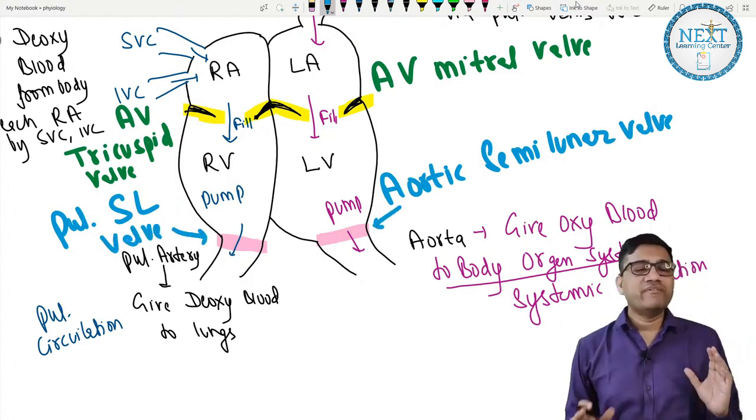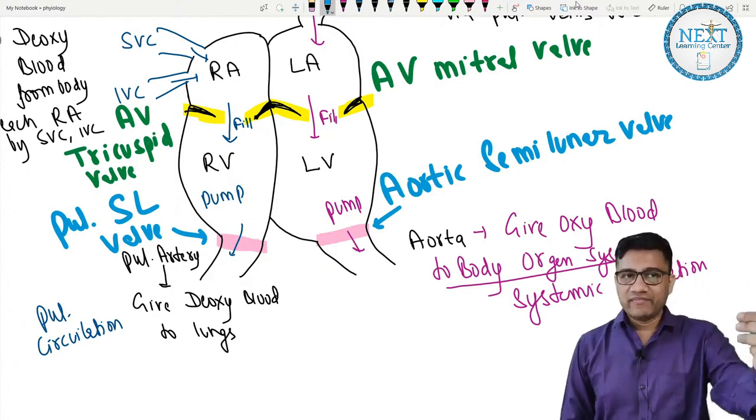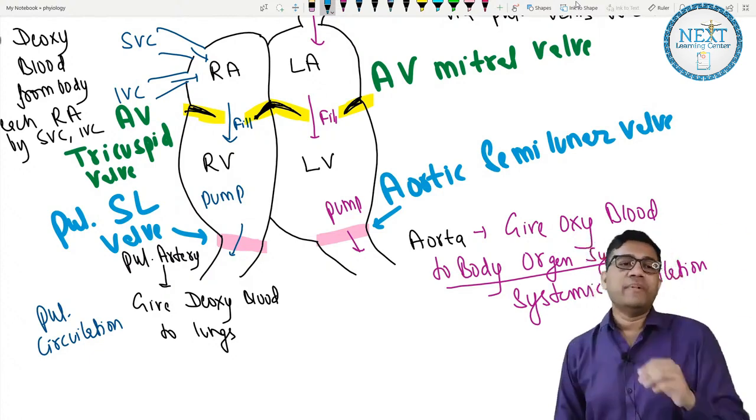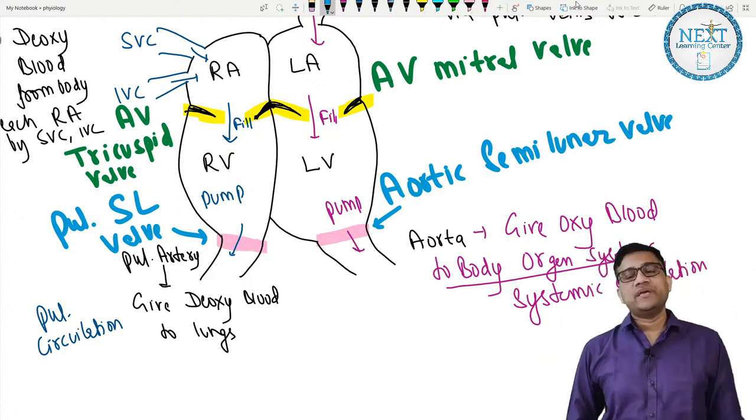Clear? So in total, 4 valves are there: AV tricuspid, AV mitral, then pulmonary semilunar and aortic semilunar valve.